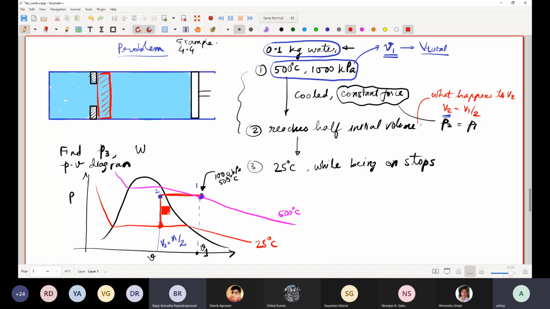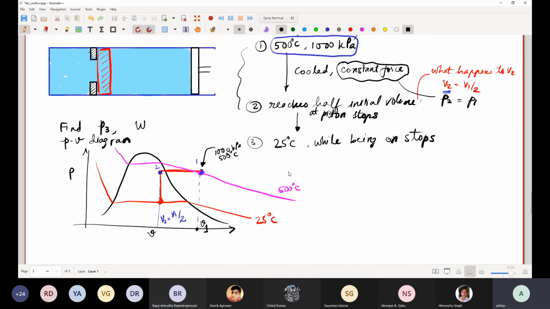Is it given that the piston stops there? Yes, in the problem it is said that the piston stops. Okay, sir. So then it starts going to 25 degrees Celsius.